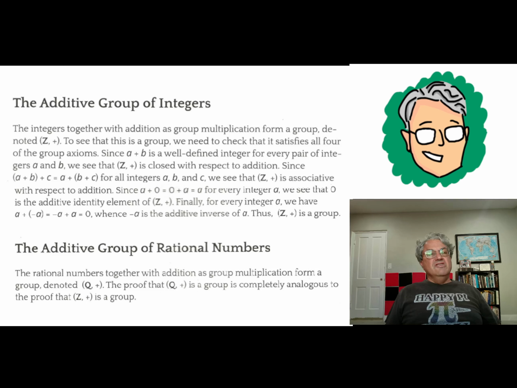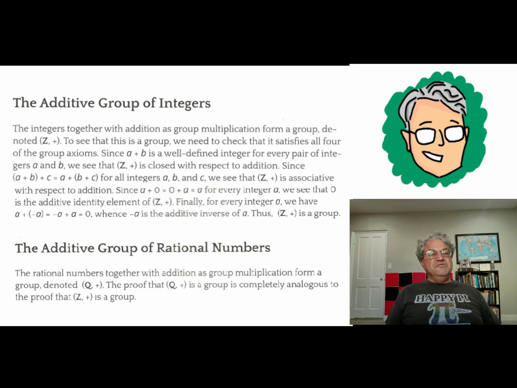And so they are closed with respect to addition, and they're associative because, once again, addition's associative, doesn't matter what you're adding. In this case, rational numbers. What about identity? Yeah, again, 0 is the additive identity element because 0 plus anything is the thing you started with. Doesn't matter whether they're integers or rational or real or complex.